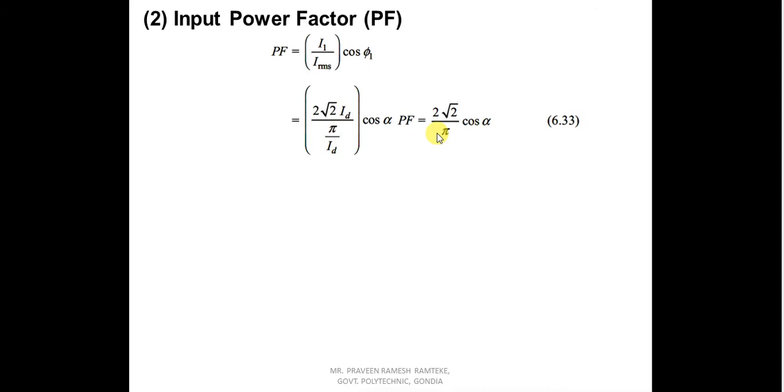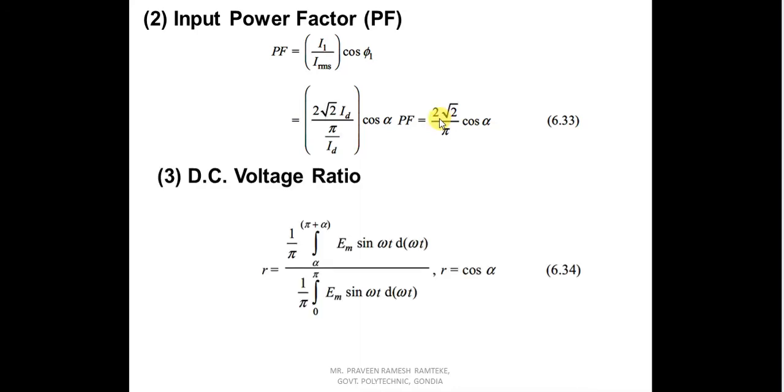Solving it, putting the values, we get power factor equals 2 root 2 by pi cos alpha. The DC voltage ratio, given by R, equals cos alpha.